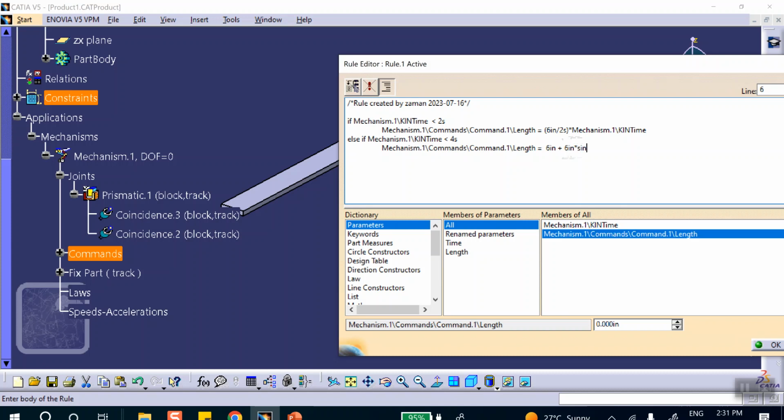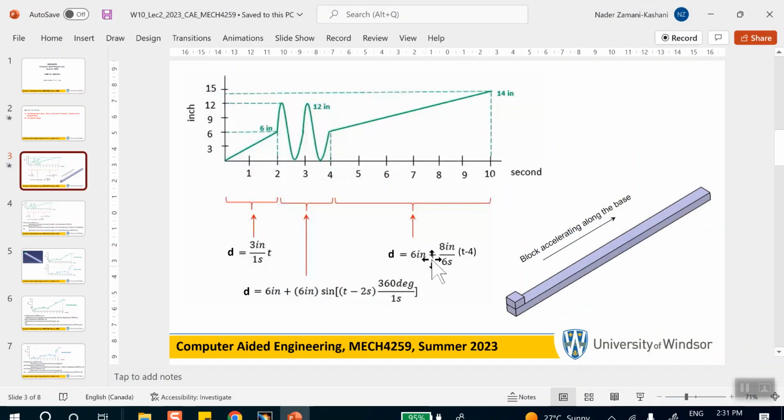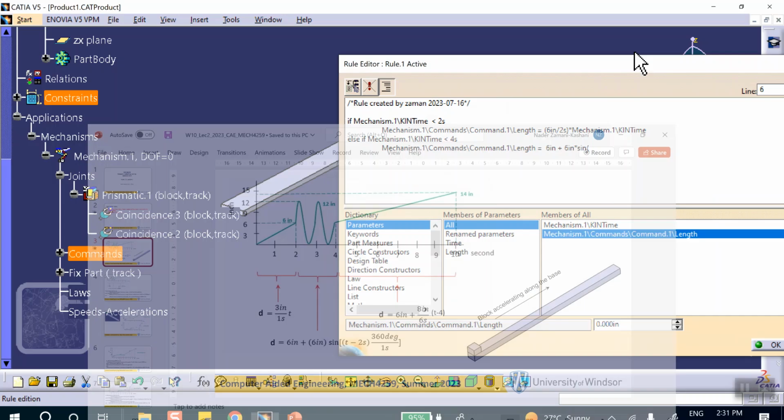sine of the parentheses, okay? Now, remember, you have to give it the shift in the time, and I want to remind you how you write this thing down, is going to be t minus 2s. This is the shift. Shift is over here. And then don't forget to put this 360 degrees over one thing.